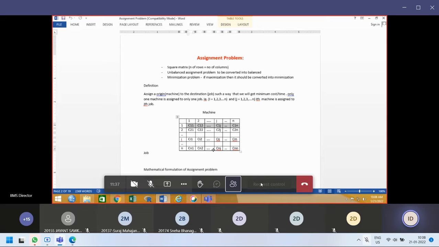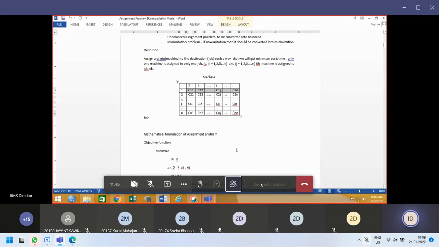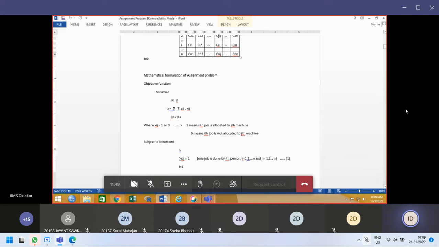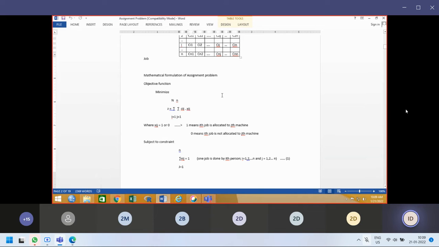Now, once we assign, finally we determine which job is assigned to which machine, and the final allocation is called the total minimization cost. As you know, decision science always deals with minimization and maximization, that is our objective function.